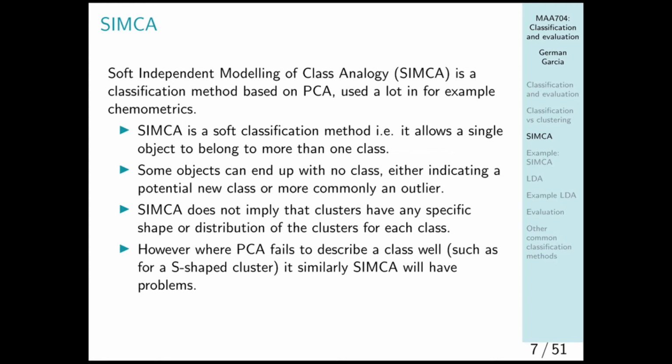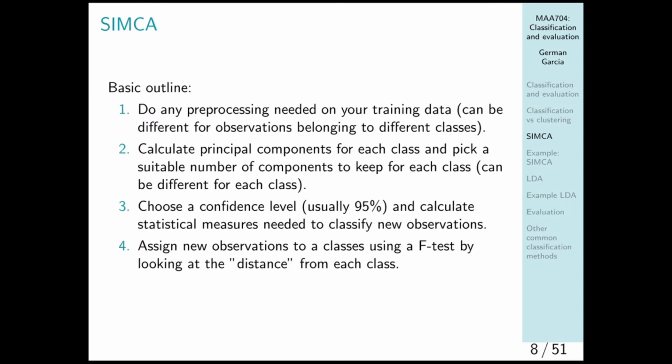We have data gathered around an S that's going, for example, to give us a lot of trouble in the future. But now, what is Simca? What do we do? So basically, we do any preprocessing, namely filling the missing data and all that.